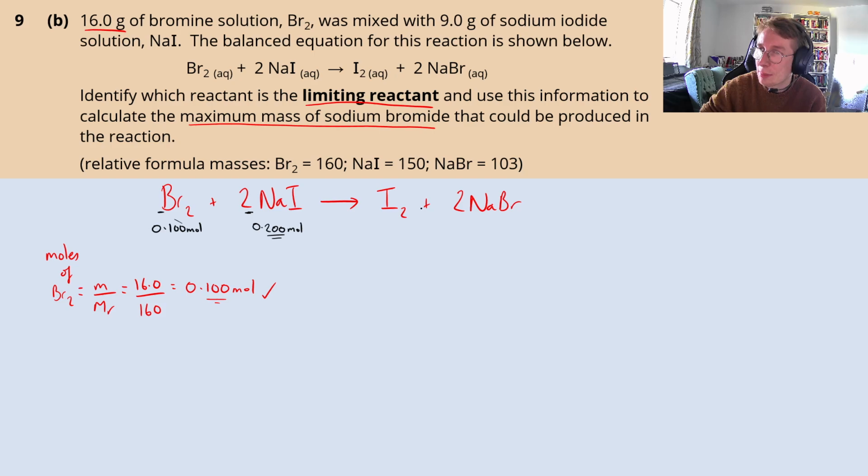So what does that mean? Well, what it means is if we've got a number of moles of sodium iodide that is greater than 0.200, that will tell us it is in excess. And if you get a number that is lower than 0.200, that means it will be limiting. So let's do the calculation.